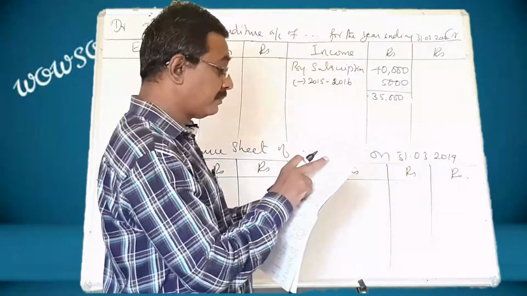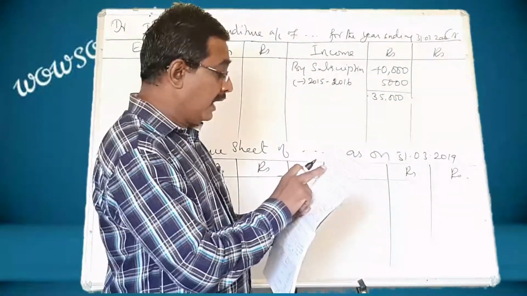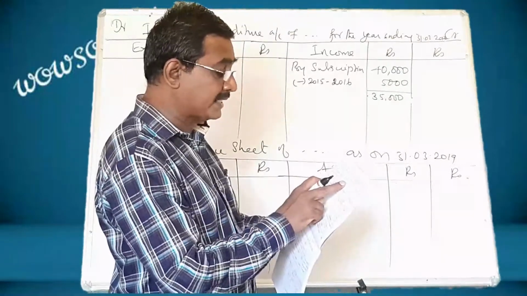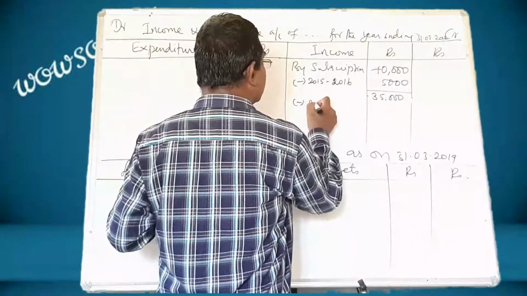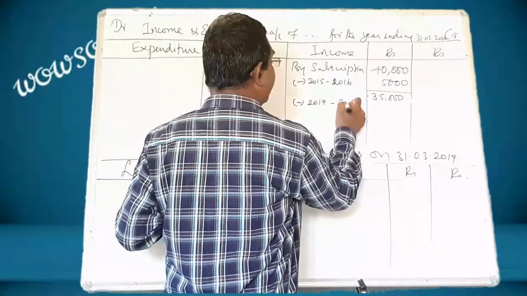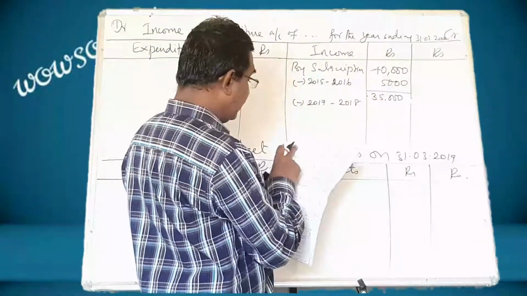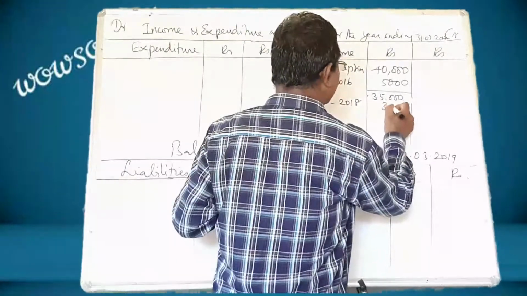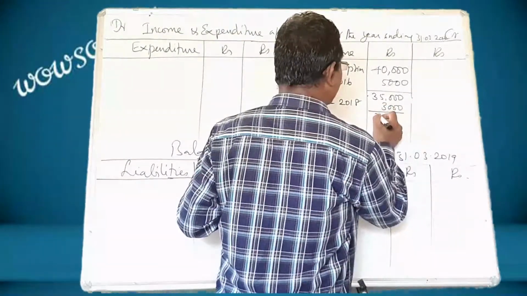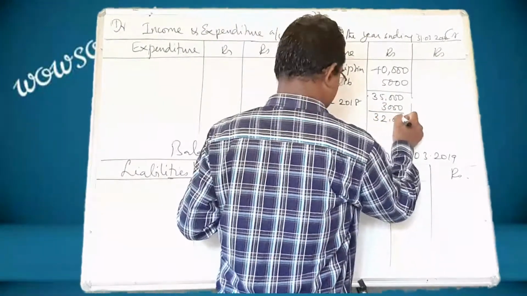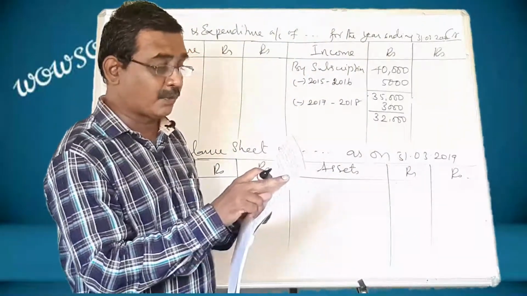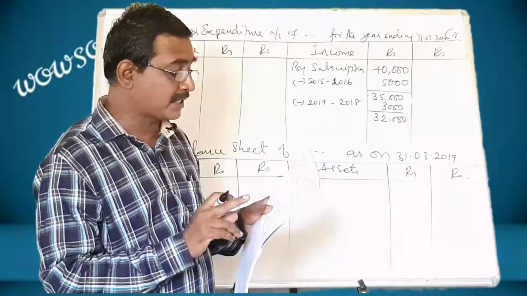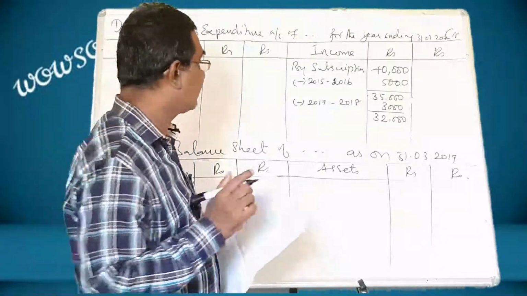And then next one. And rupees 3,000 for the year 17-18. Subtract that also. 2017-18. What is that amount? 3,000. And go through the sum. Subscription of rupees 1,000 is still outstanding for the year 2016-17.